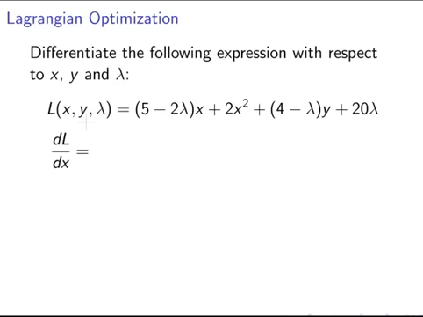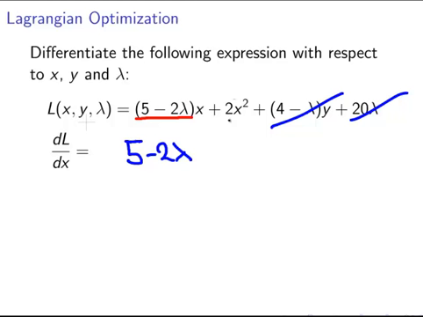So the first one is differentiating with respect to x. These two terms don't have any components in x, so we can disregard them entirely. This part here is a constant as far as x is concerned, so that is simply 5 minus 2 lambda.